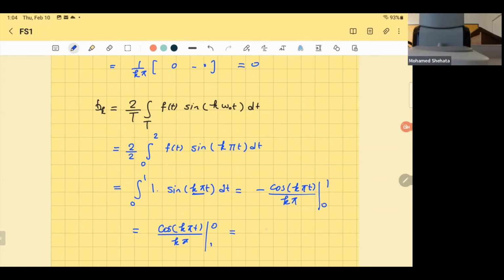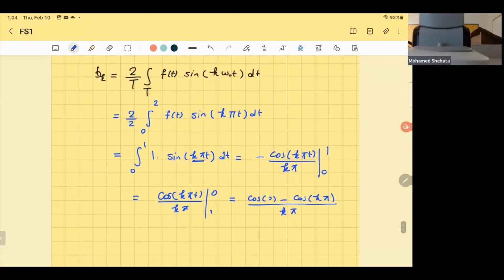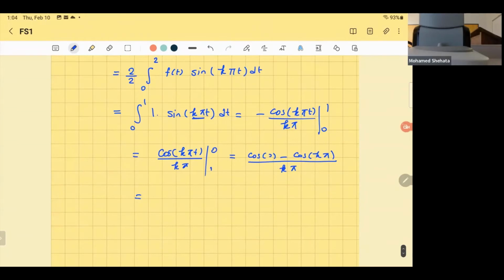So now I just do cosine 0 minus cosine k times 1, which means k pi, and everything is divided by k pi. Now let's look at that. What's cosine 0? 1, minus cosine k pi, everything divided by k pi. We have a story about cosine k pi. Let's just try.